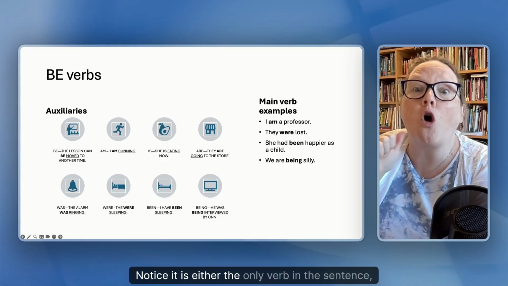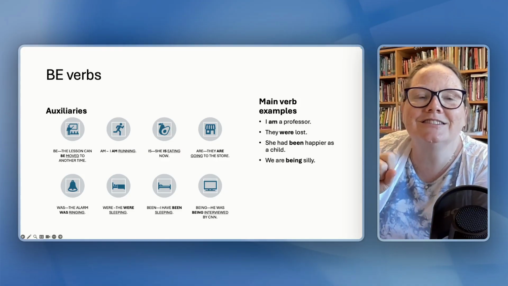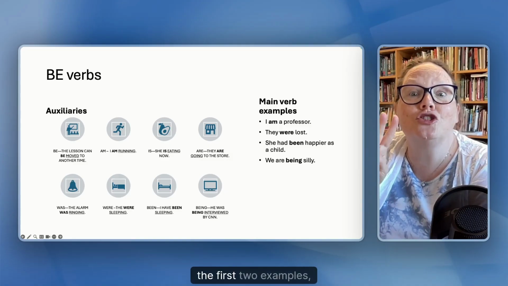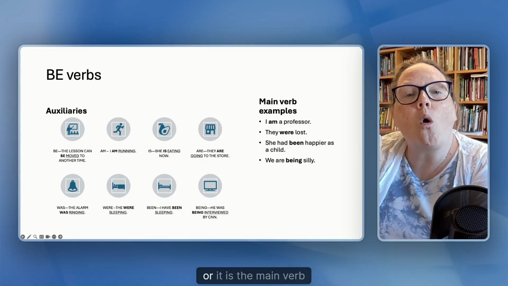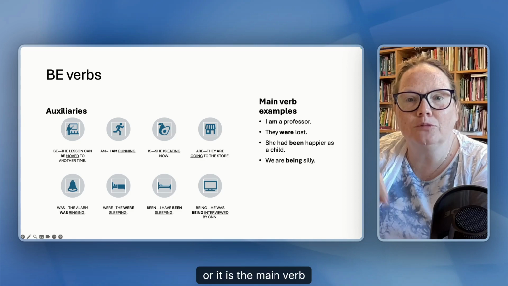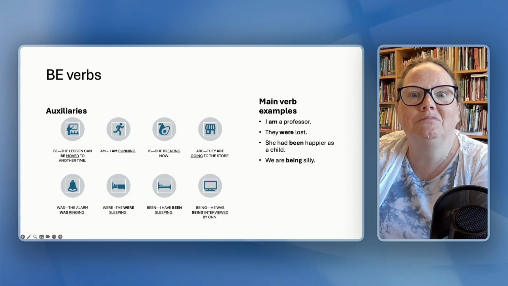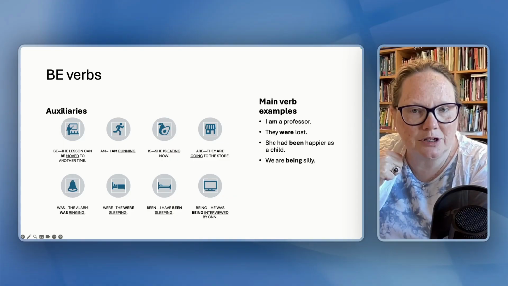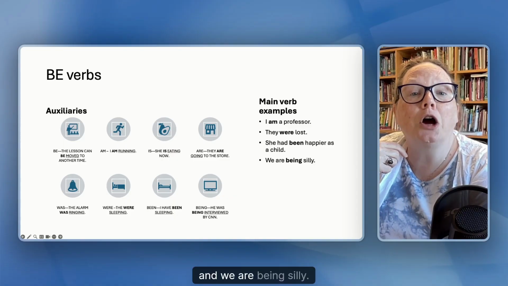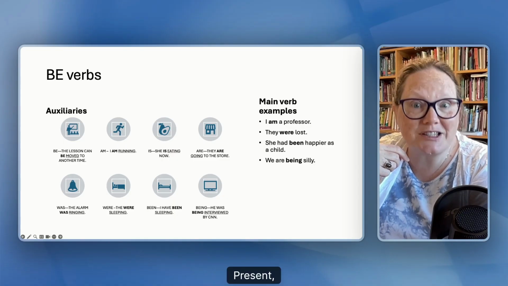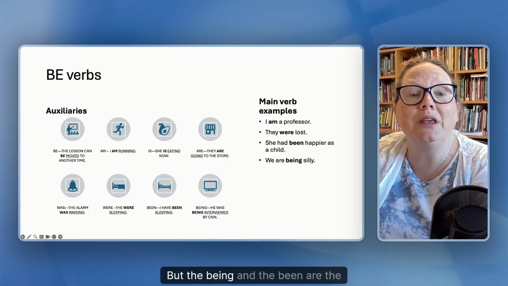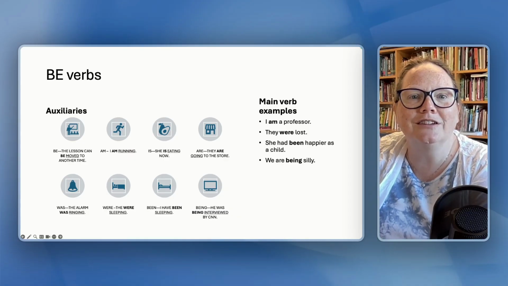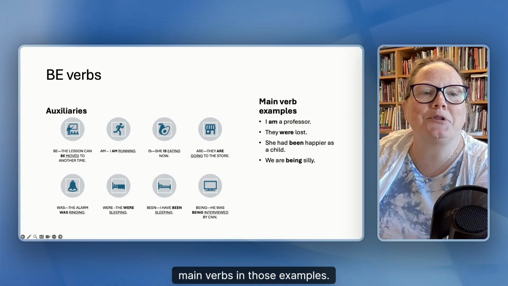Notice it is either the only verb in the sentence, as in the first two examples, or it is the main verb in a group. So she had been happier, had been, past perfect. And we are being silly, present progressive. But the being and the been are the main verbs in those examples.